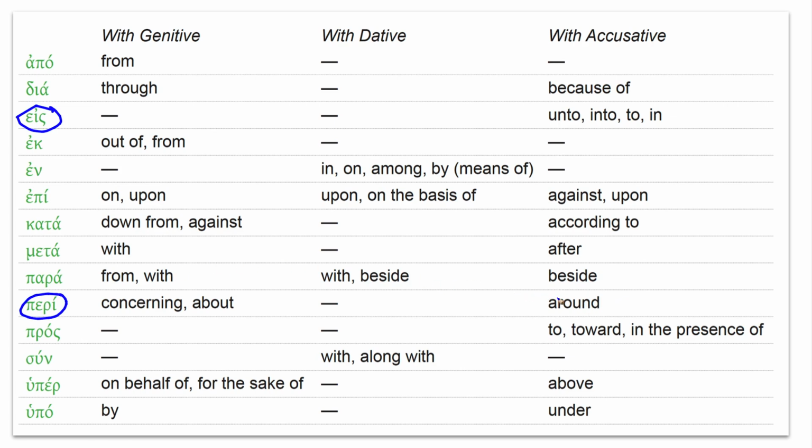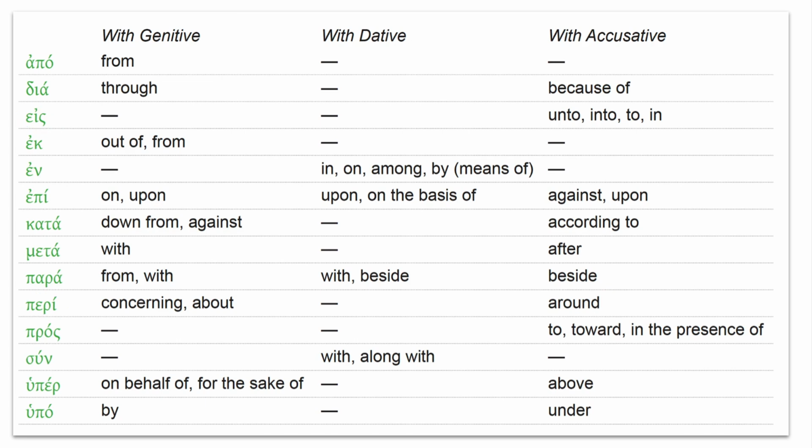So that's why accusative is more that. Παρά usually is from or with or beside with the dative. But beside, like if someone's physically next to you, you can think of that as when the accusative would be used. So that's just a general way of thinking about it, but it's not always the case. So I just want to give you that caveat. I wish it was a hard and fast rule, but it's not.